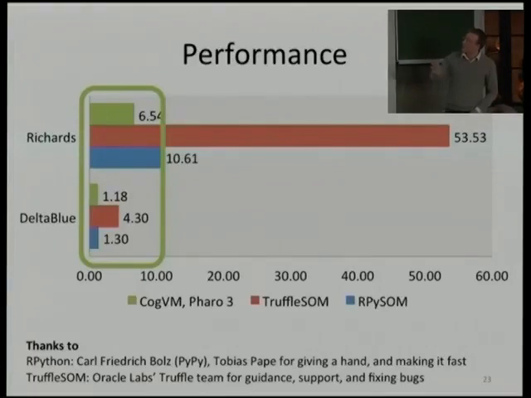So on Richards, we are within a factor 10, which is more or less our goal, so just barely slower as Coq as well. The troublesome part, unfortunately, is that we still stumble into some bugs here and there. Just recently, the Oracle guys thankfully fixed a couple of things for me.